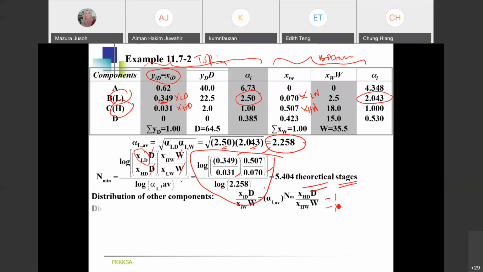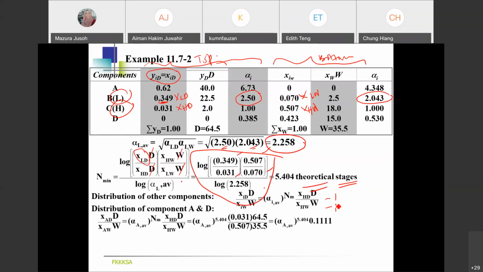Okay, and then for the distribution of other components, you just put in the value of the minimum number of stages over there and put in all the values. This is the alpha for each component.